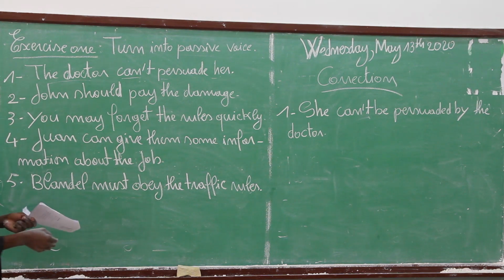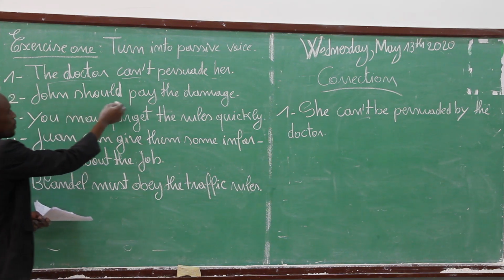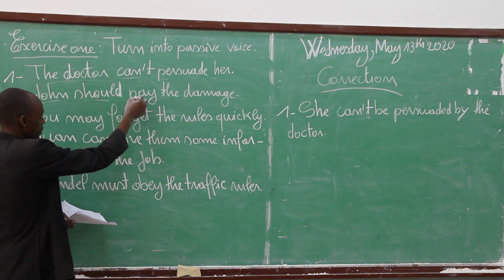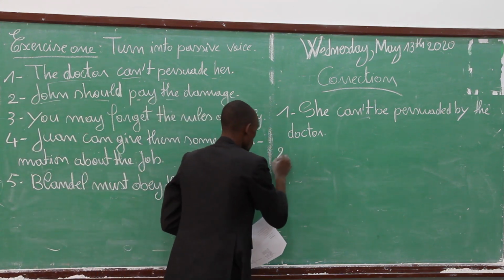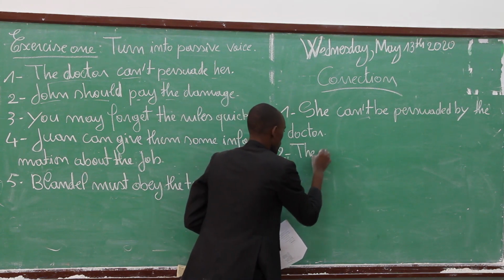Now let's take the second sentence. We have John should pay the damage. And here we have John subject, modal verb, the second verb, and the object. The damage.